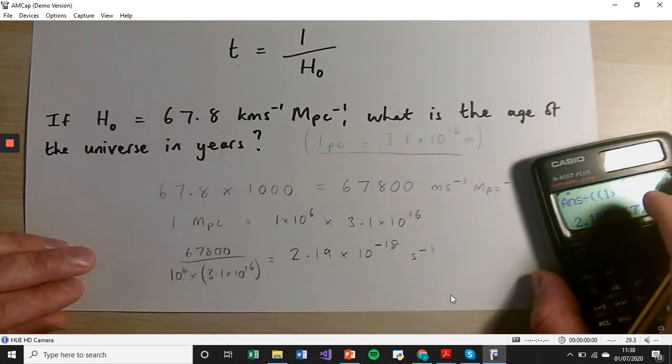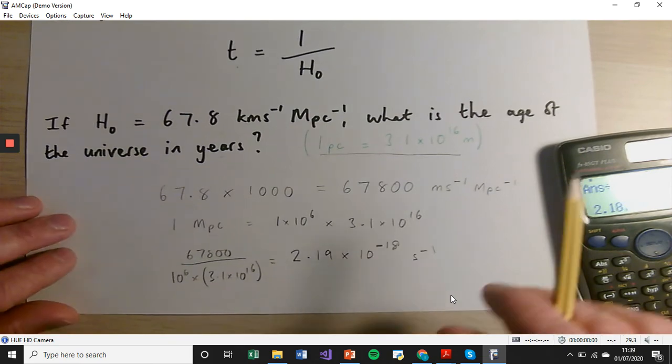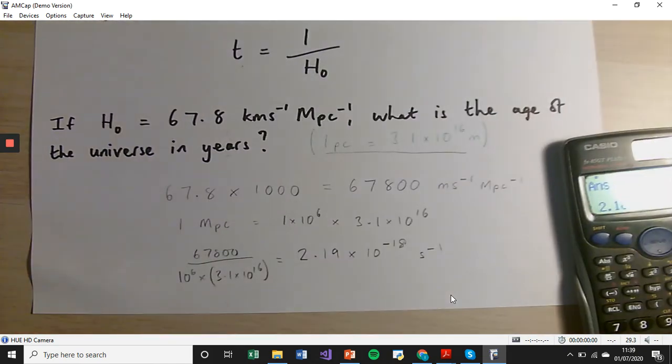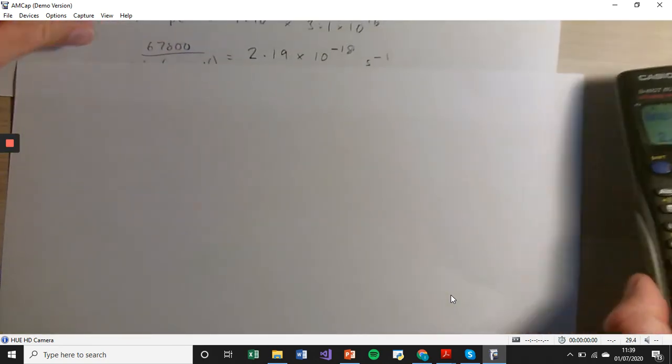What we then need to do is work out the age in seconds, and then from there work out the age in years, the number of seconds in a year. So I'm going to slide that sheet up so I can still see that.